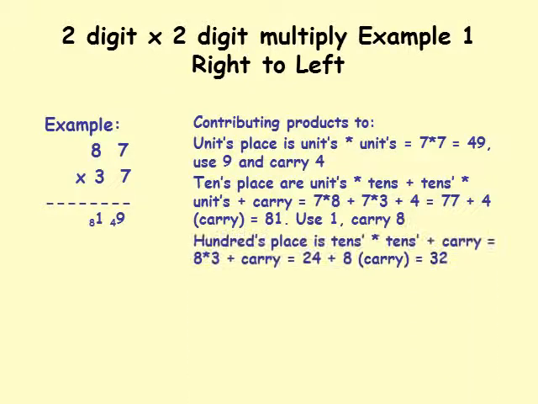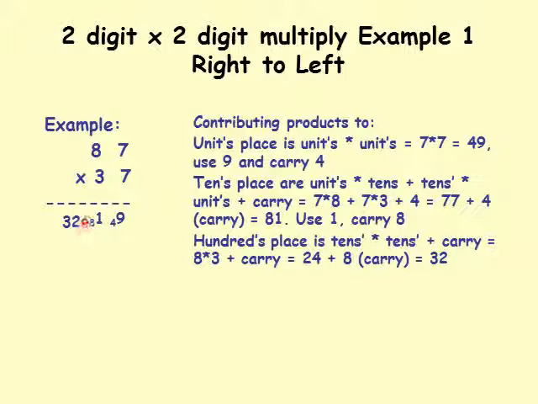Okay, let's continue. In hundreds place column, which is 8 times 3 here, tens times tens plus carry, 8 times 3 is 24 plus 8 is 32. So we don't have any place left to take any carries to, so we write down 32 here.